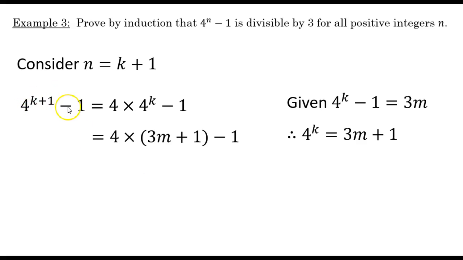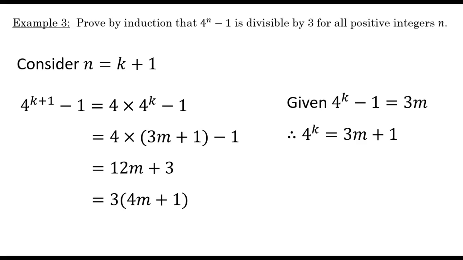Means 4 to the power of k plus 1 minus 1 is equal to 4 times (3m plus 1) minus 1, which is 12m plus 4 minus 1, or 12m plus 3. Now I factorise that, take a factor of 3 out, that's equal to 3 multiplied by (4m plus 1). Now 4m plus 1 is an integer, 4 times an integer plus 1, is an integer.